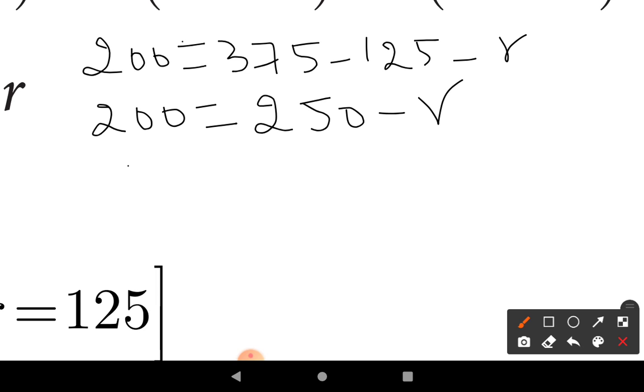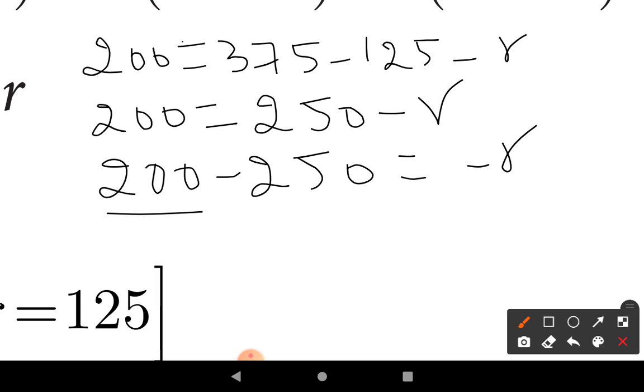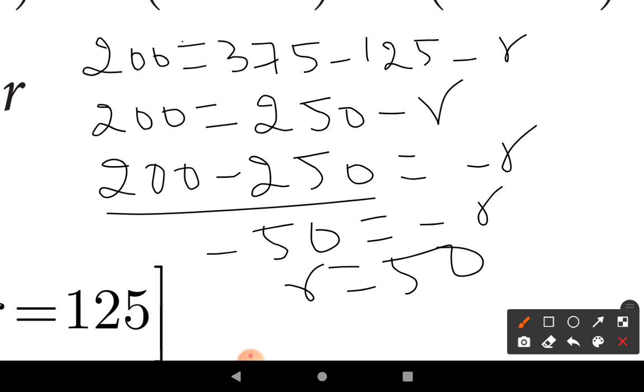Take this 250 this side, 200, this becomes minus 250 is equal to minus r. When you subtract, what will we get, minus 50, because the bigger number is 250, so minus 50 is equal to minus r. So the minus cancels on both sides, r is equal to 50.